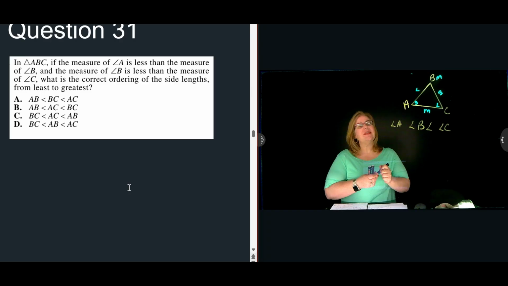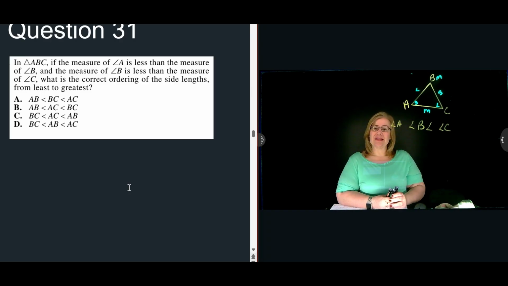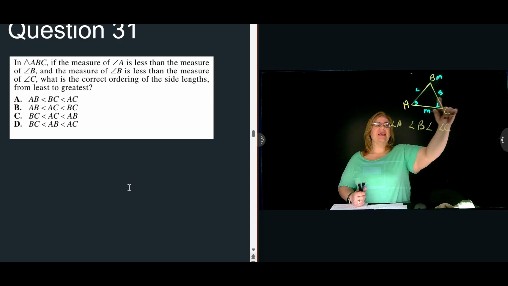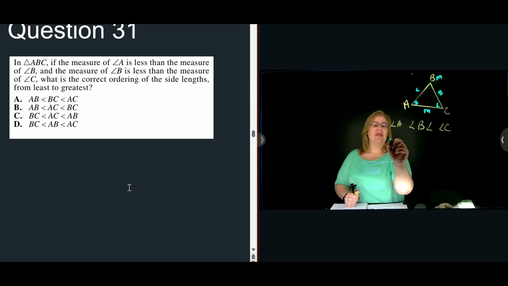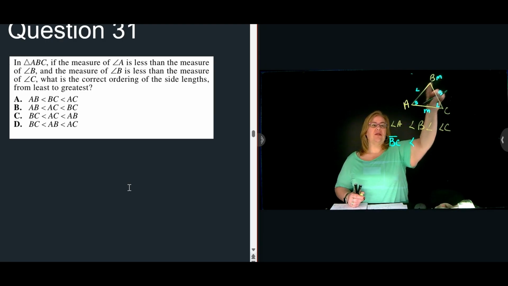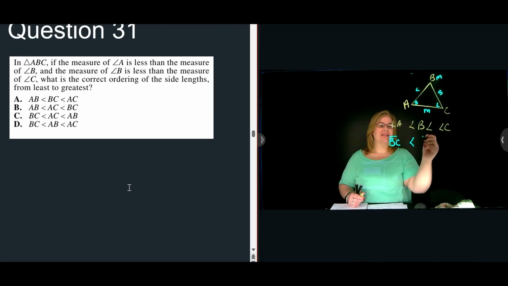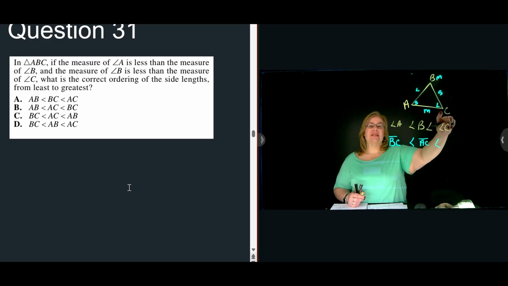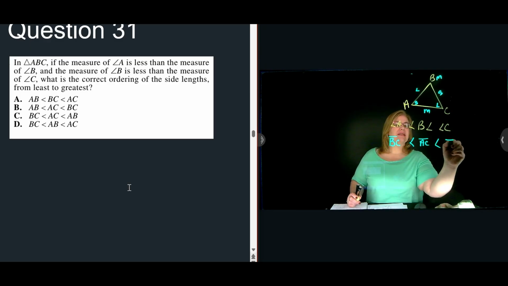All right, so then remember I said that it's opposite of what they are. So angle A is opposite of the side, so that would be side BC, which is less than our middle one, which is opposite of side AC, which is less than opposite of the large, which would be side AB.